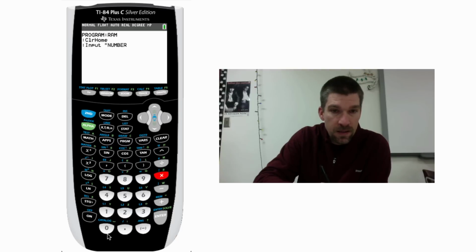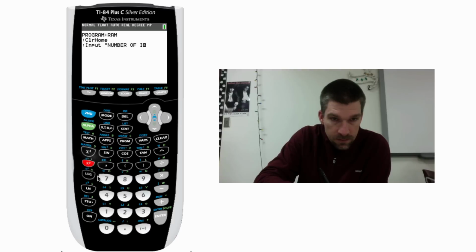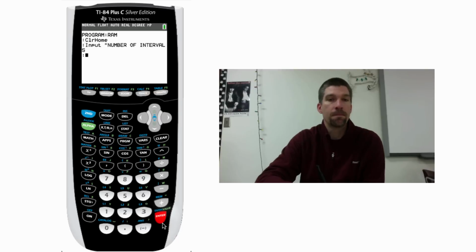The space bar is the 0, so you can get to the space bar by hitting 0. Number of intervals. All right, number of intervals. Here we go, right there. Okay, we're going to enter that.